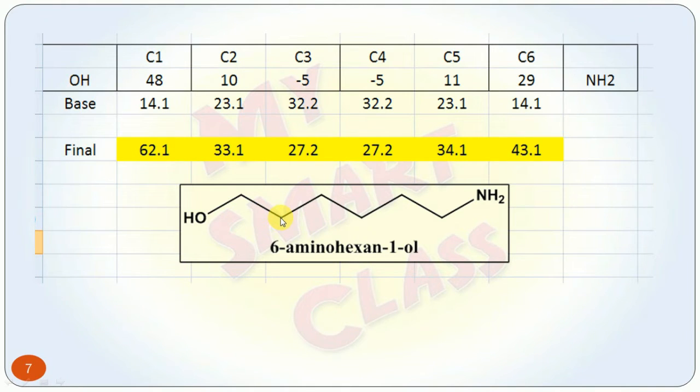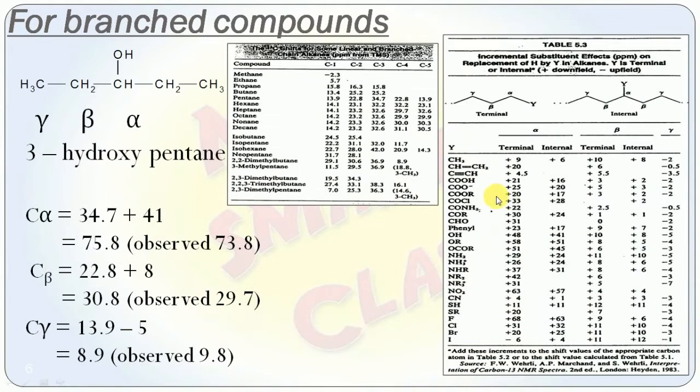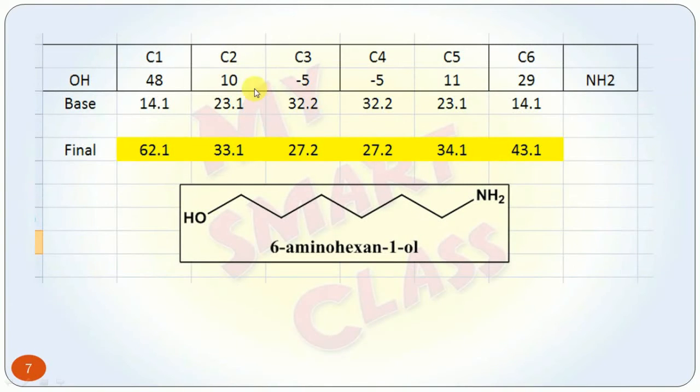So for C2, this hydroxyl group is beta. It is called beta hydroxy terminal. So let's check the value of beta hydroxy terminal. Hydroxyl beta terminal value is 10. So here is 10.